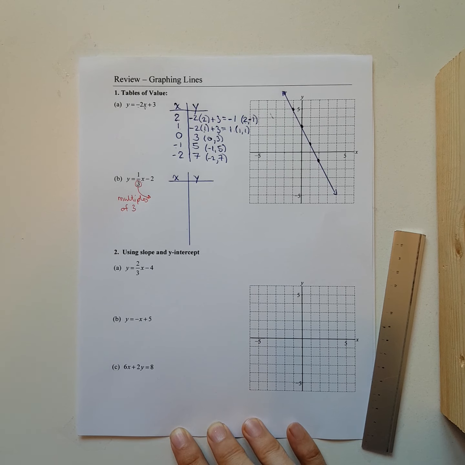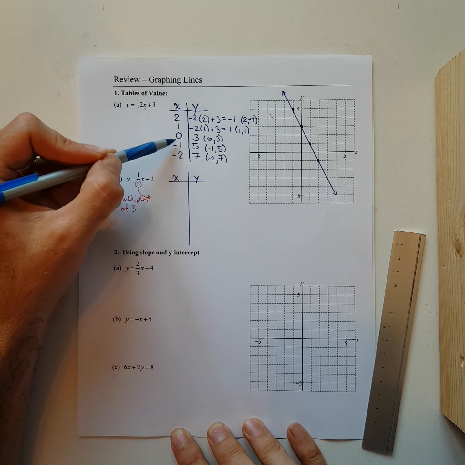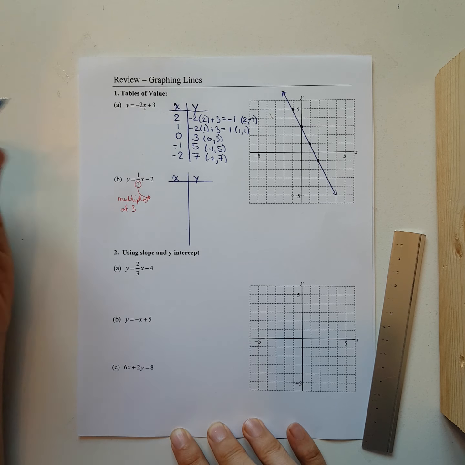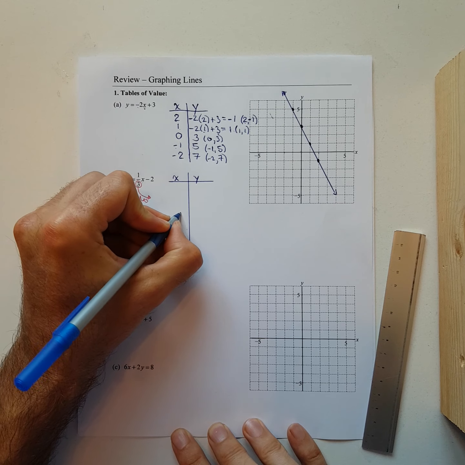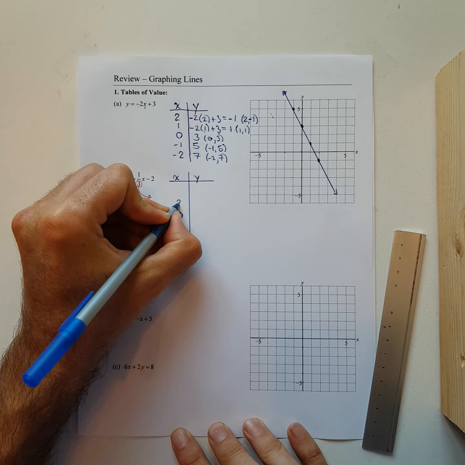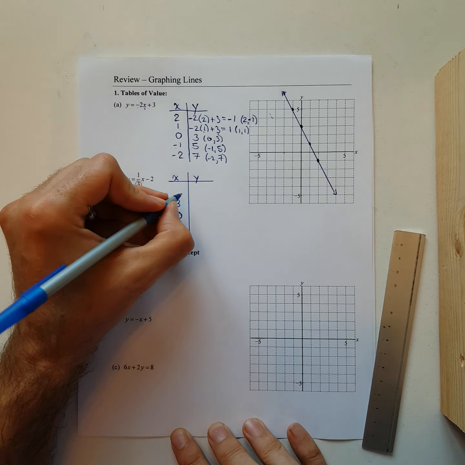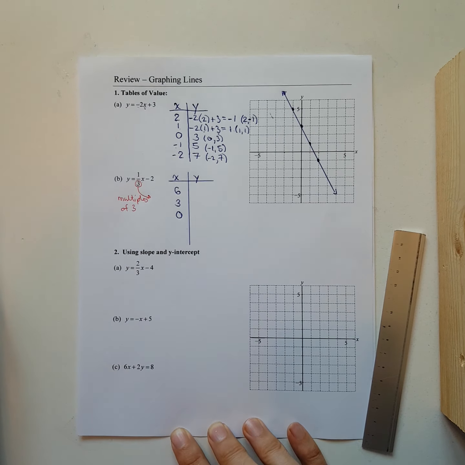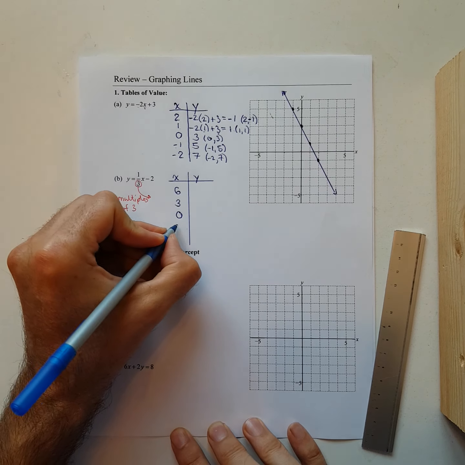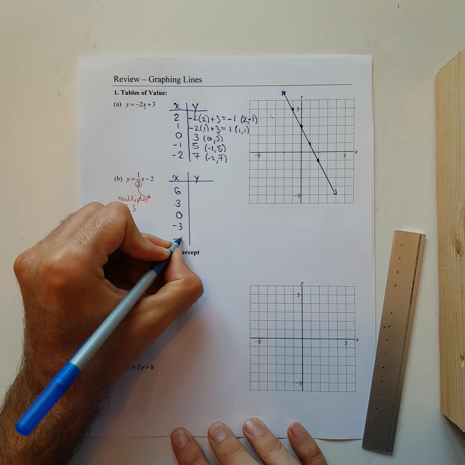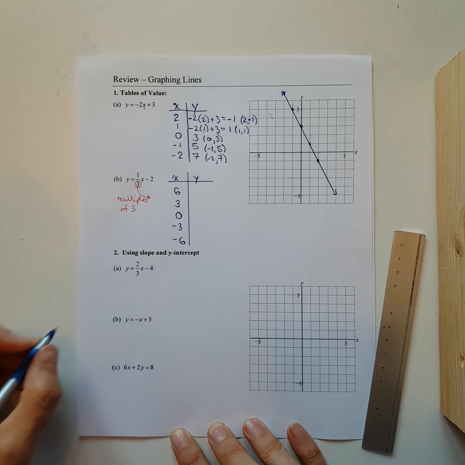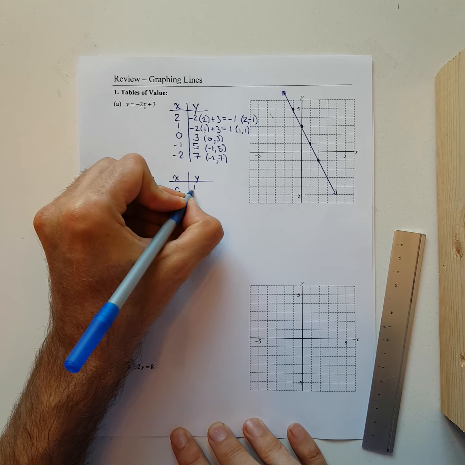So instead of picking 2 and 1 and 0 and then the negative values here as well, what I'm going to pick here is, I'll still pick 0, but instead of picking 1, I'll use 3. That's a nice multiple of 3, and we'll see in a second that will work nicely here. And I'm going to pick 6, so another nice multiple of 3, and then on the negative side, I'll do the exact same thing. If I show the calculation, why did I pick those values?